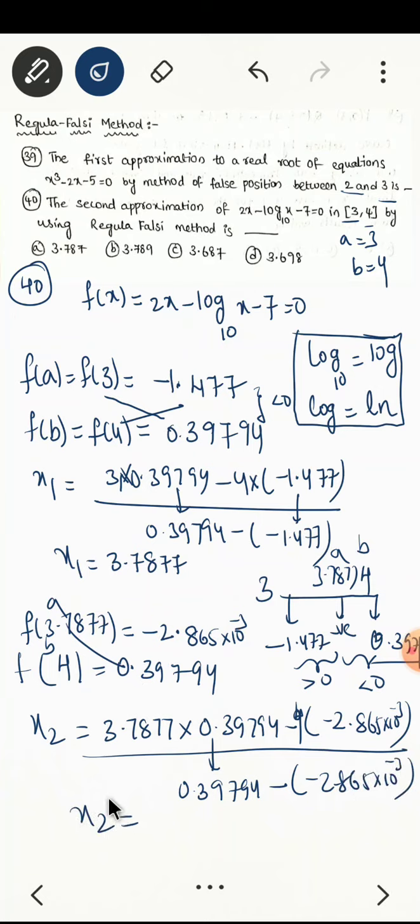I am getting the x2 value as 3.789. Option B is correct. So you have to tick 3.789. That is the correct option. Hope you are getting it. Thank you.